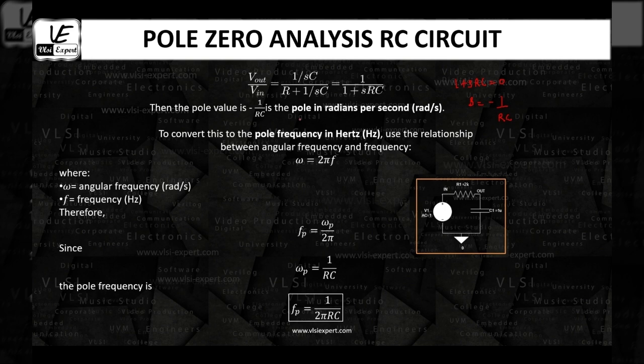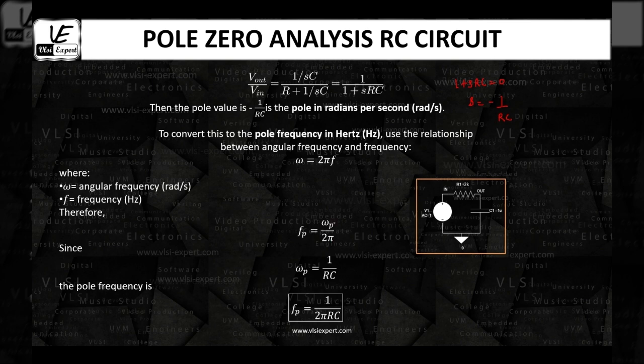Now the value minus 1 by RC is the value of the pole in radians per second. If you want to convert and see what the pole frequency is in hertz, we use the relationship between angular frequency and frequency, which is omega is equal to 2 pi f, and we divide this 1 by RC by 2 pi.